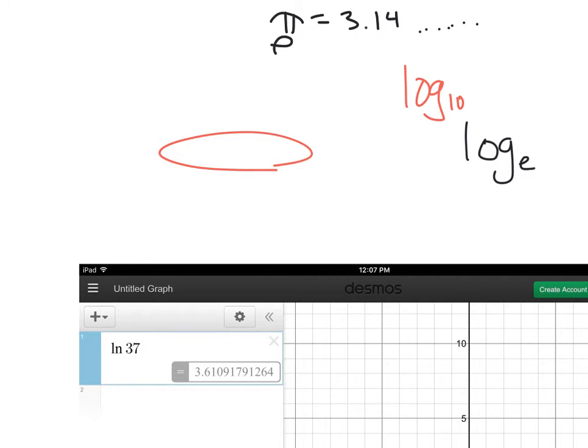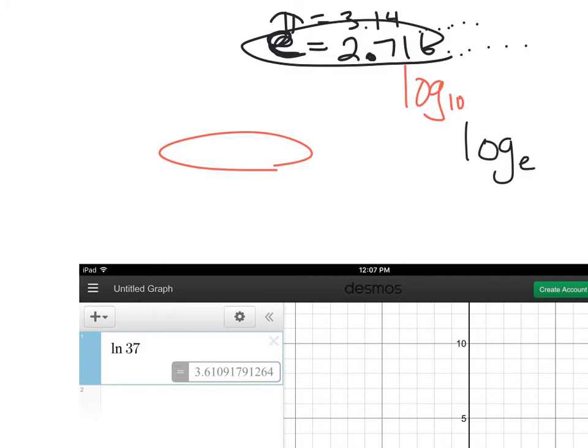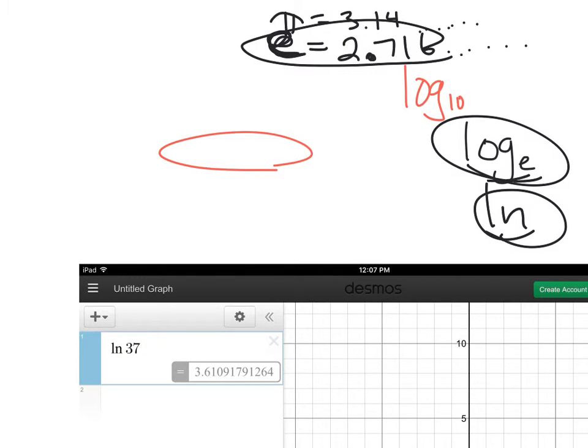Well, e is another number similar to pi in that the letter e represents a number, and it's like 2.716, something like that. When we do log base e, tradition has it that we just call it the natural log, and we just call it ln. So ln really is synonymous with log base e.